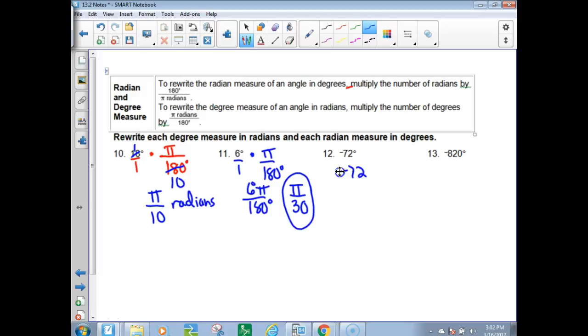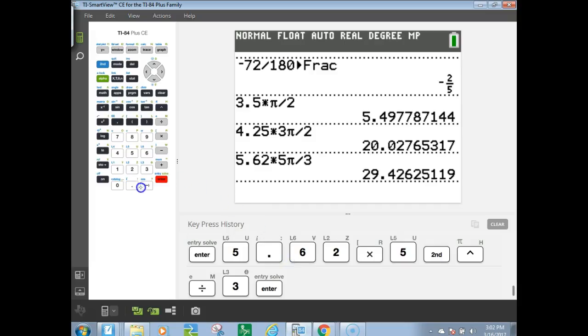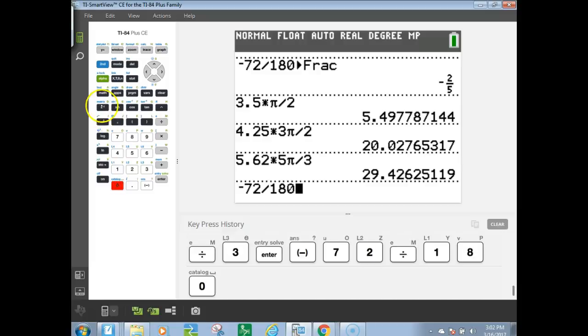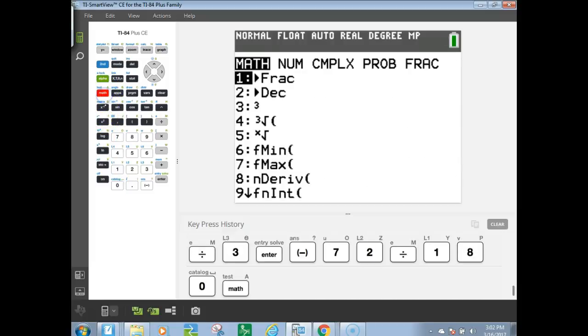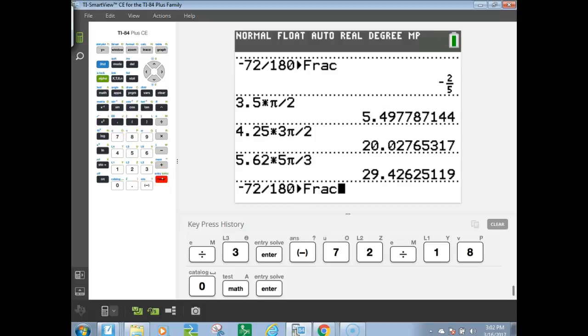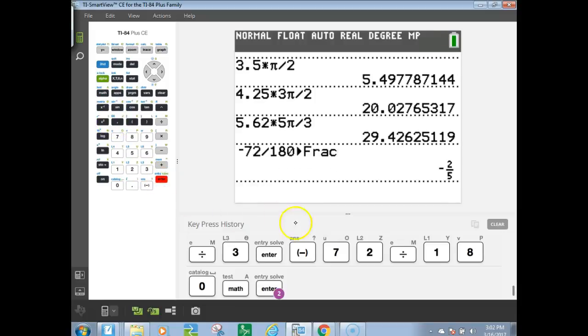So you can do this on your calculator also. You can type negative 72 divided by 180. And then you can hit your math enter button, if I can find it. Okay, negative 2/5.